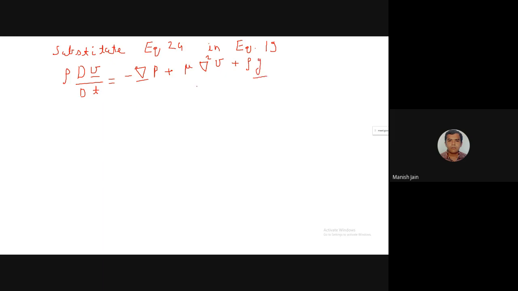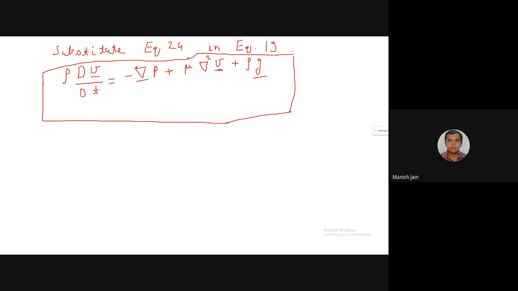So this is the Navier-Stokes equation. This is equation number 25, the Navier-Stokes equation.